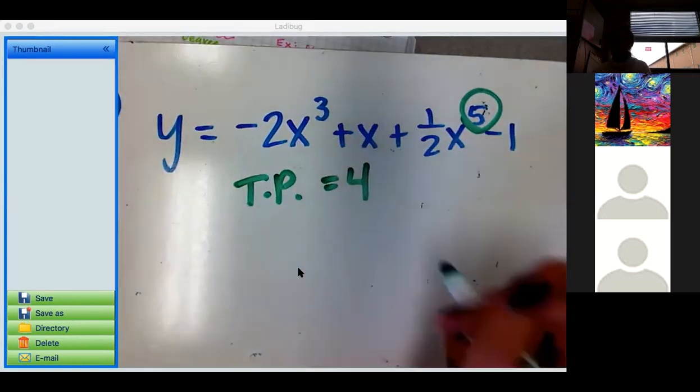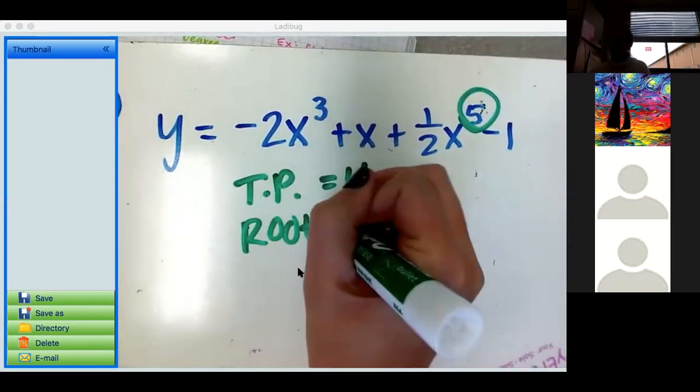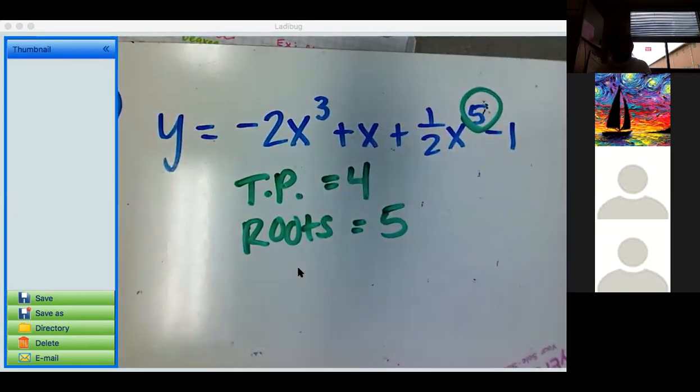What's the max number of roots? 5. Good. Questions on that one? Easy or hard? We're okay? All right. Next one.